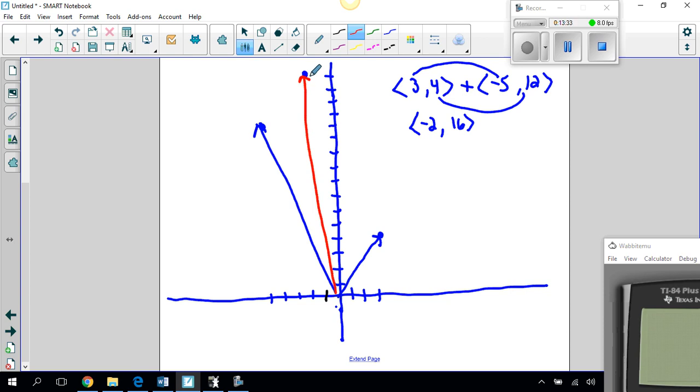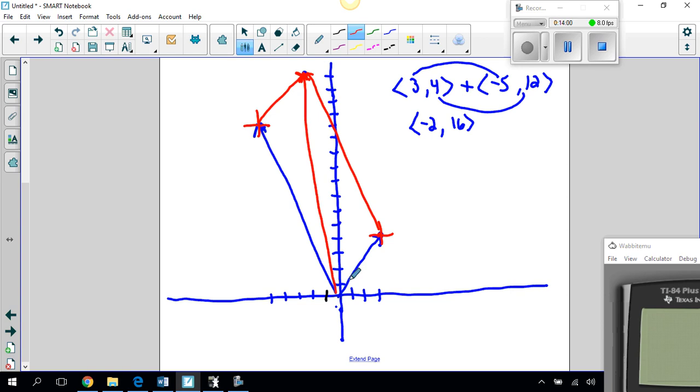Now, what makes this a very nice process is if I start here and I plot the vector 3, 4, over 3 up 4, I end up right there. Or if I start here and plot the vector negative 5, 12, I end up right here. So there's two ways to talk about this.